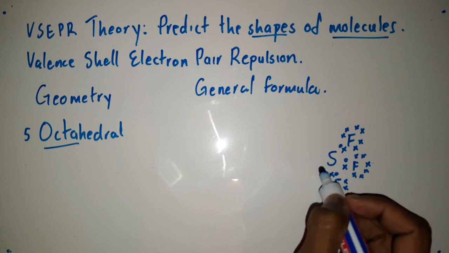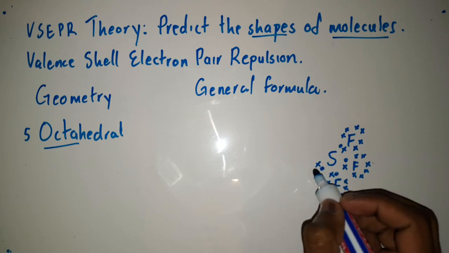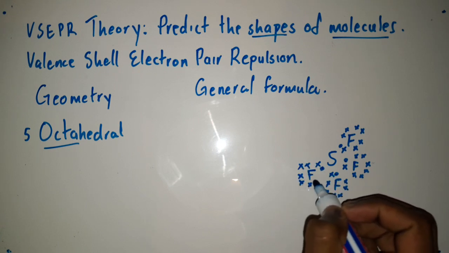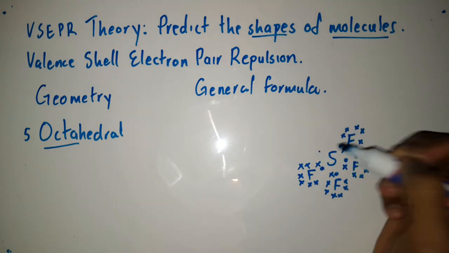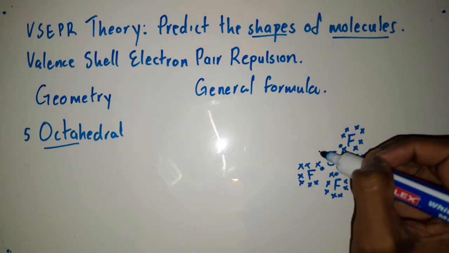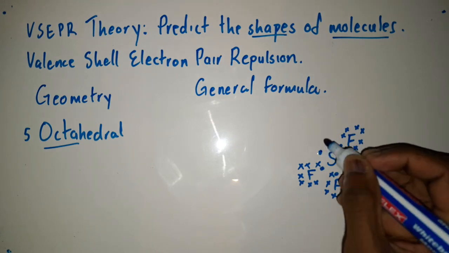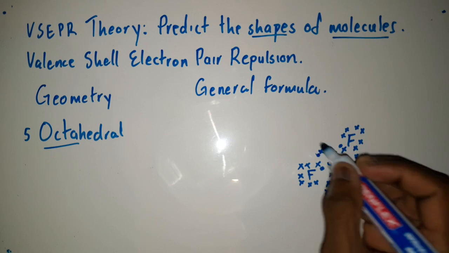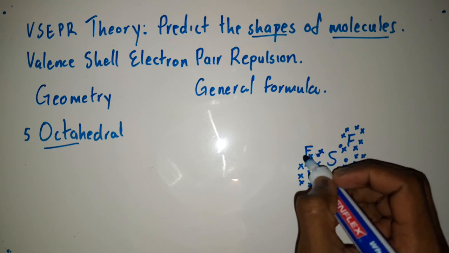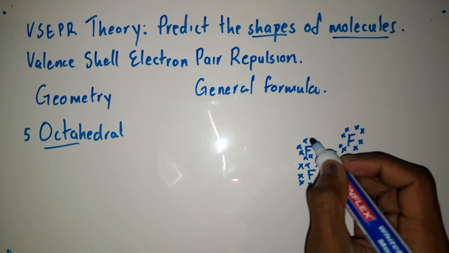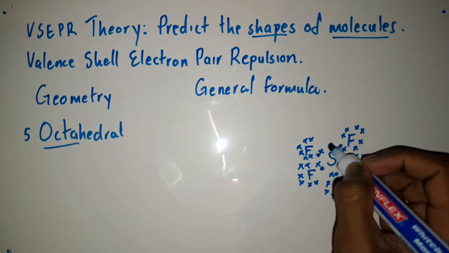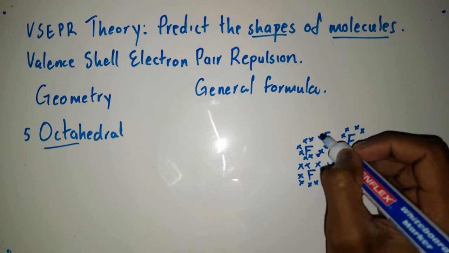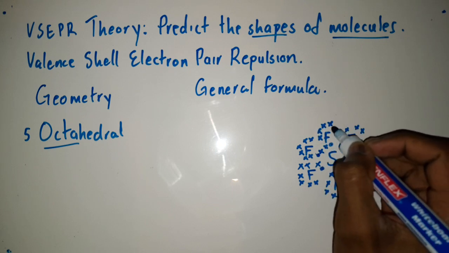Another one, F, 1, 2, 5, 7. Another, how many do I have? 5. Okay, let me put somewhere here. See, F, like this. Lastly, I'm going to have it there. See, my F. It is going to be messy.